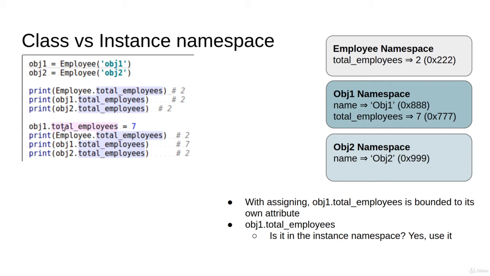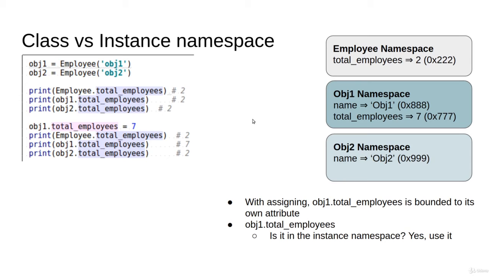You can add even attributes outside of the class. So this is a new attribute that is added to the object. So now in the object1 namespace, there will be a new attribute with value 7 in a different address. Observe here, object2 doesn't have this attribute named total employees. Object1 has an attribute named total employees. Employee class itself has a total employees.